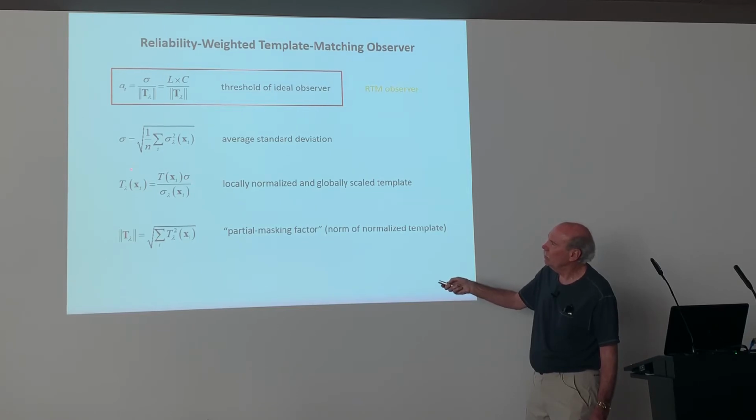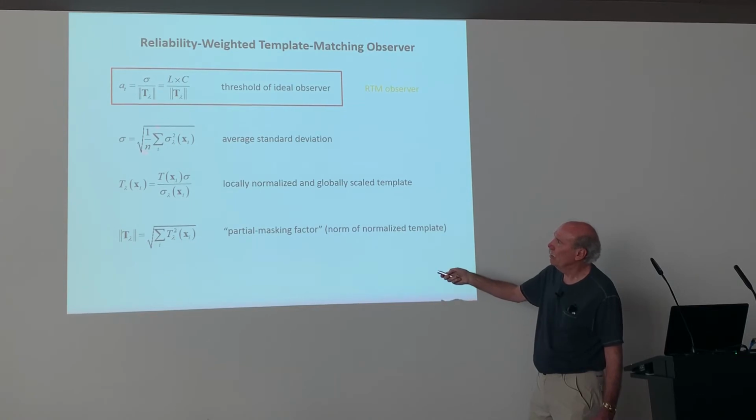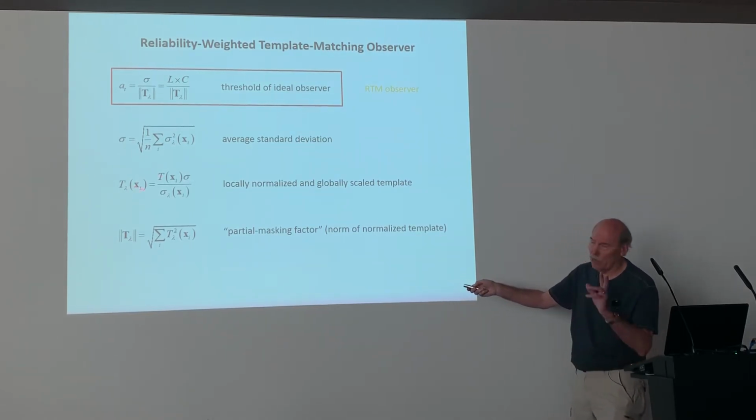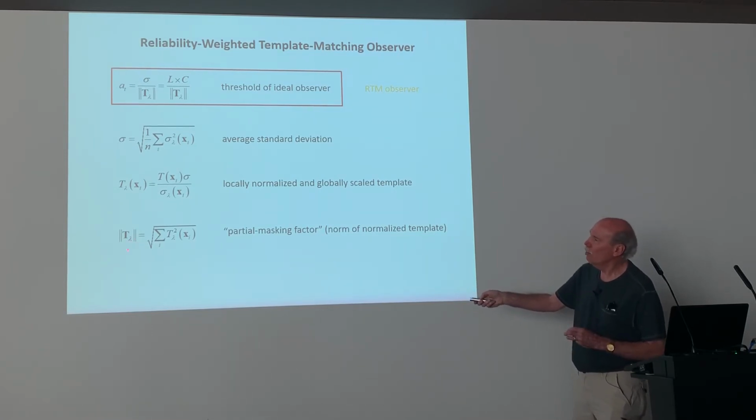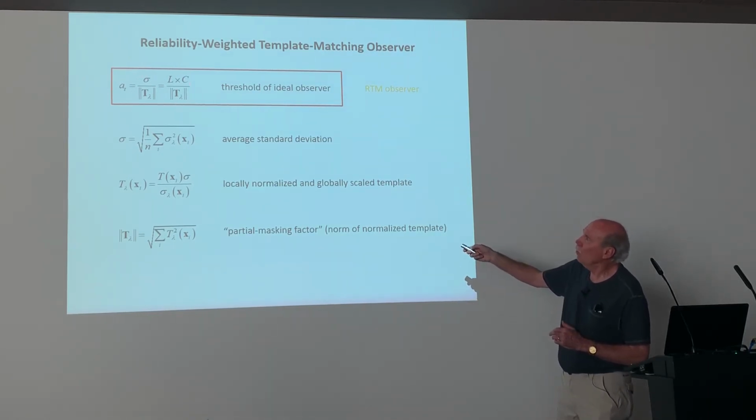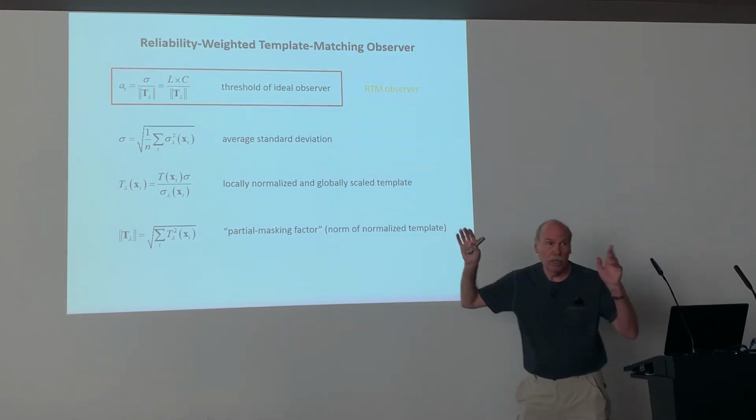So you take your target shape, your template, you divide it by your estimate of the standard deviation at each pixel location, and you multiply it by the average standard deviation over the whole region. This is our normalized template, not reliability weighted. You take the norm of that, and that's the partial masking factor, and this is what threshold is. And in noise, this is going to be the luminance times the contrast, the standard deviation. So this is basically the formula for detection.